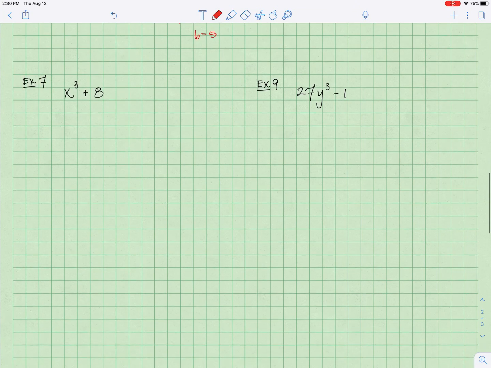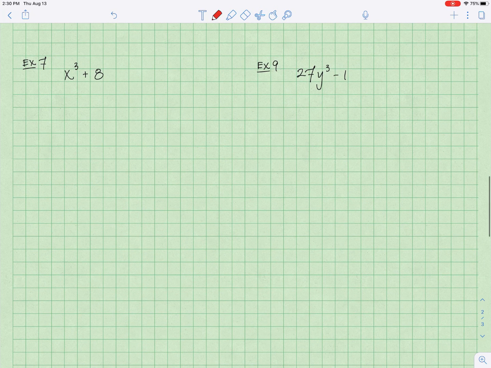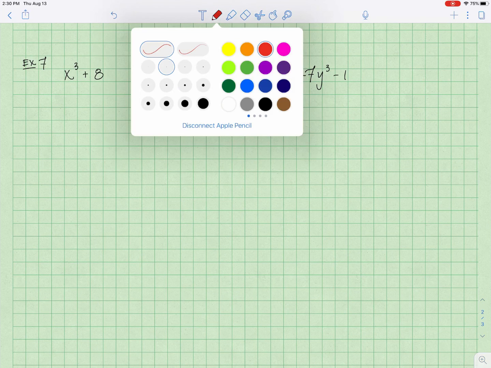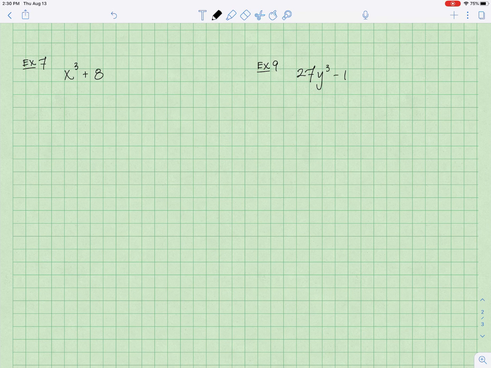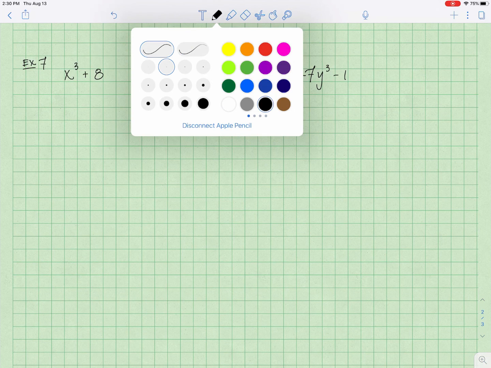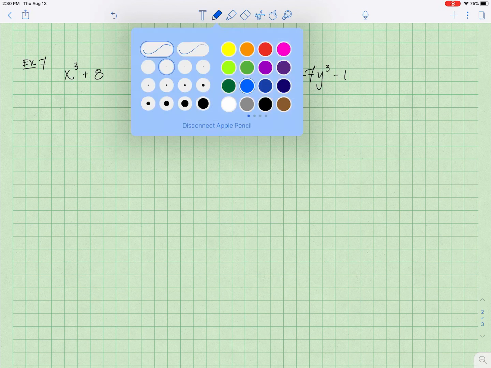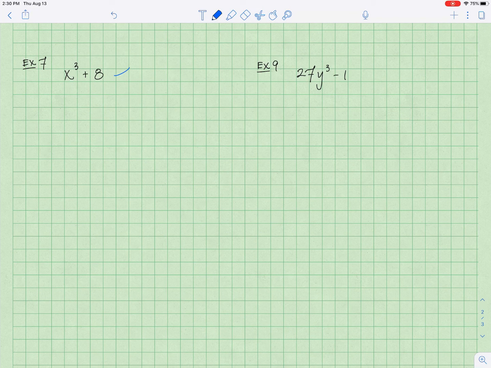The next two are very special forms, and we haven't talked about these special forms yet. So these may be sort of foreign to a lot of people that don't remember doing this in Math 123 or the equivalent. This is what's called a sum of cubes, because it is x cubed plus 8, and 8 is a perfect cube.